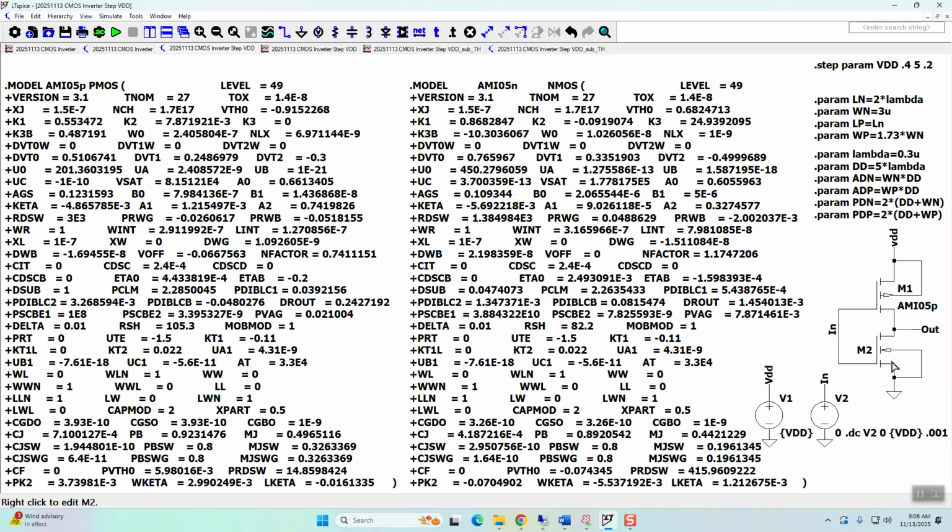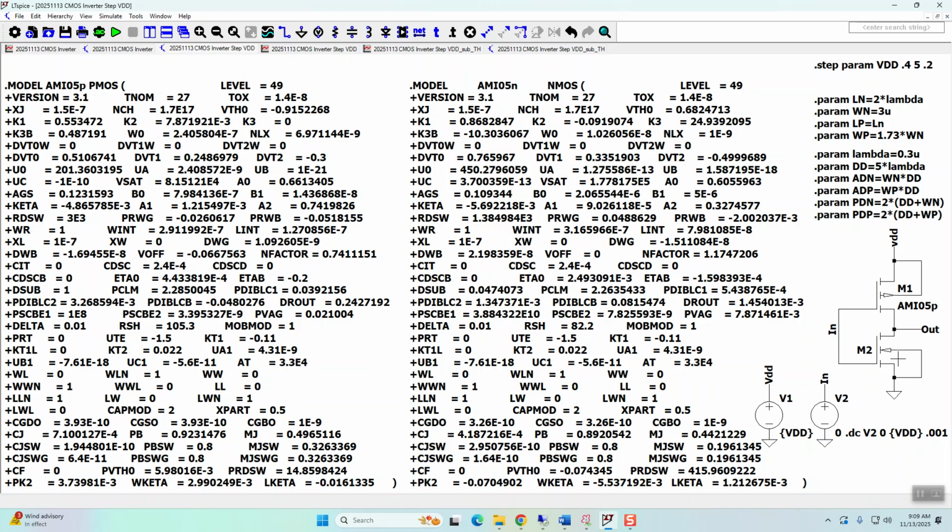For the NMOS, right, if I want to increase its drive, I increase WN, or I could reduce the length. But again, in digital processes, you always use the minimum channel length, so I can't go any smaller, right? But again, if I wanted the PMOS to have more drive than the NMOS, I could make this width bigger and this length longer.